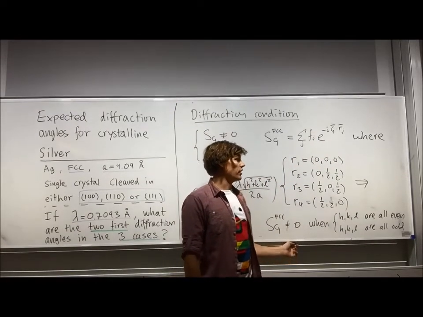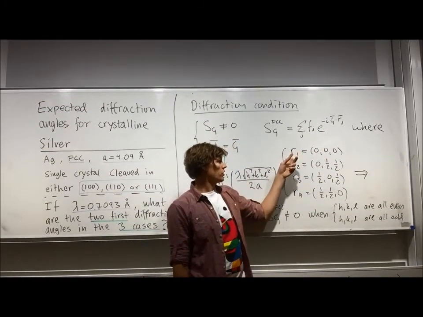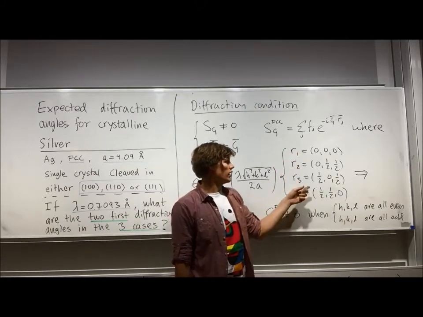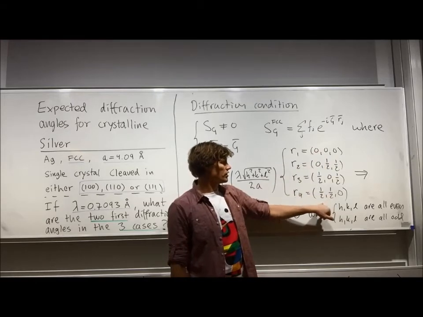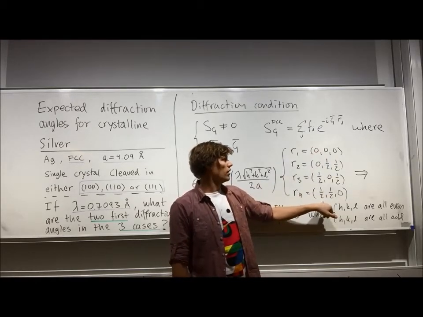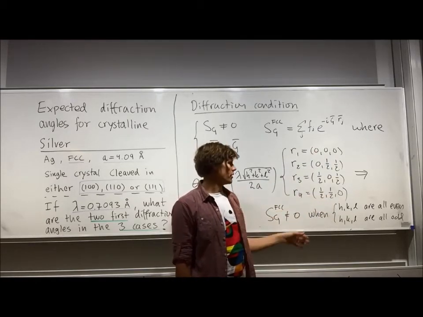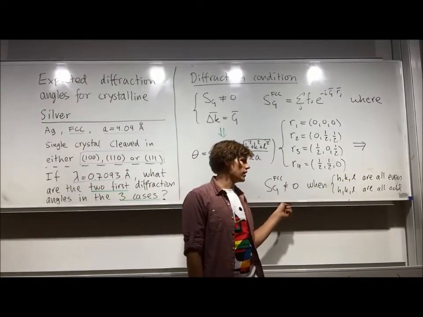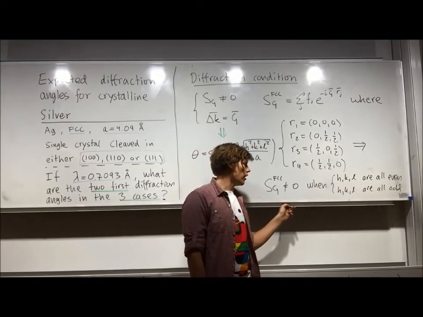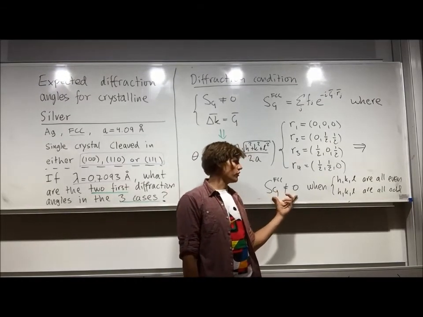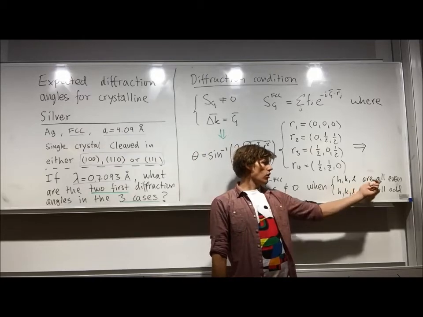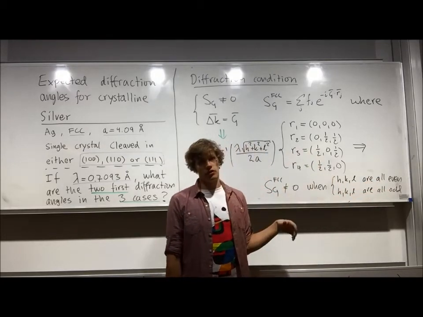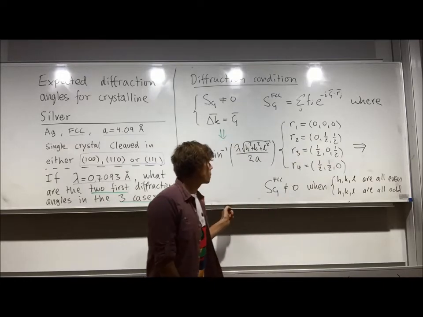And by inserting the positions of the atoms in an FCC cell, well, basically all these are in units of A, which is the lattice parameter. And if you put them in, you will get an expression that will be non-zero for the cases where H, K, and L are all even, or if they're all odd. You can write out the expression and you will see that that's the case.